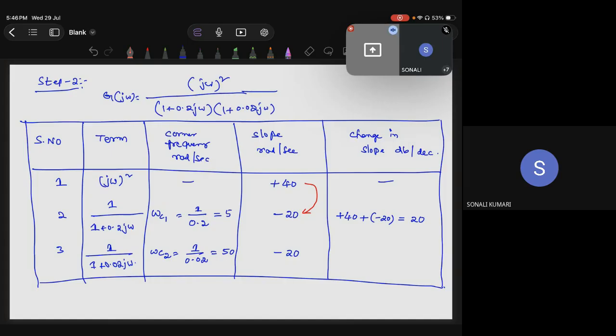Plus 40 minus 20, that will be plus 20. Next, we take this slope change from here. That will be 20, then plus this minus 20. Clear? So what is the slope change now? It is 0. Is this clear in this table? If you have any doubt, please ask me, because this slope change you should understand properly.